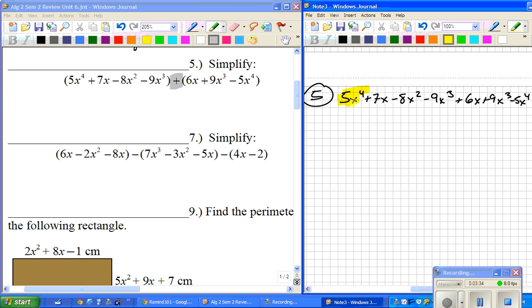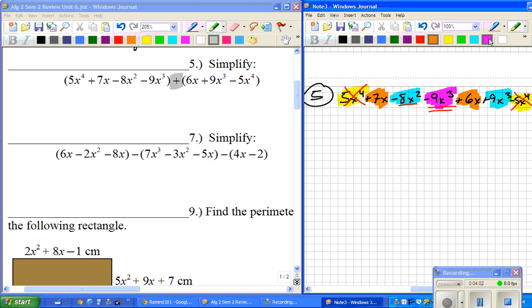So let's try to find things that are the same. 5x to the 4th, 5x to the 4th. I see my squares. There's my cubes. And there's the 7x, okay? Now, your 4's cancel out. So we have negative 9x cubed.